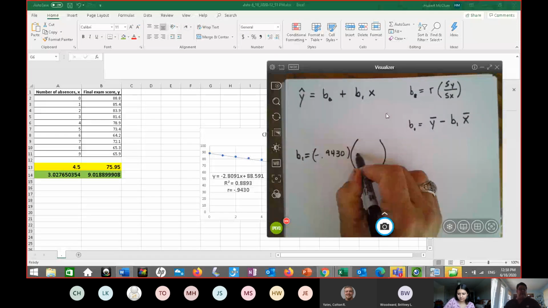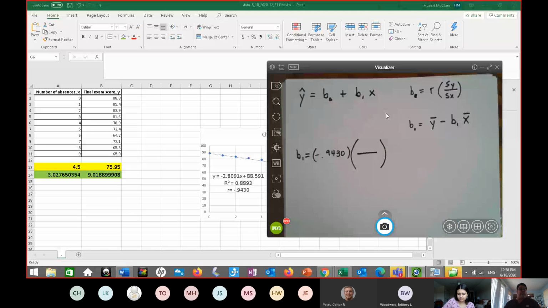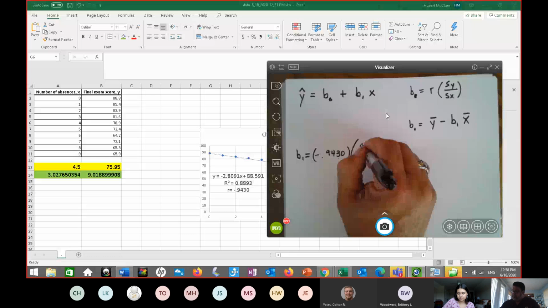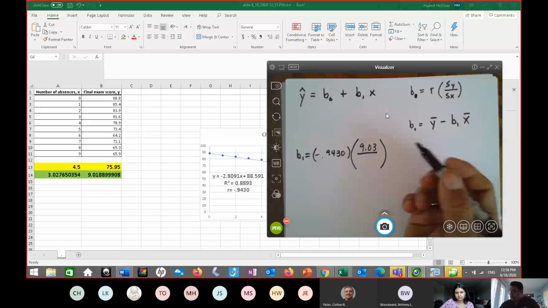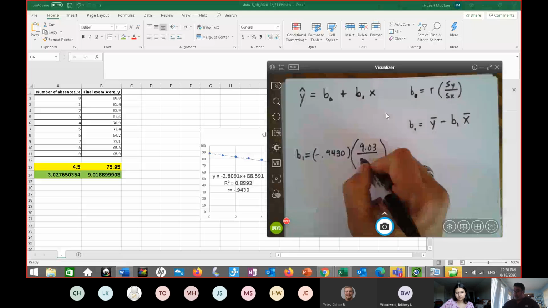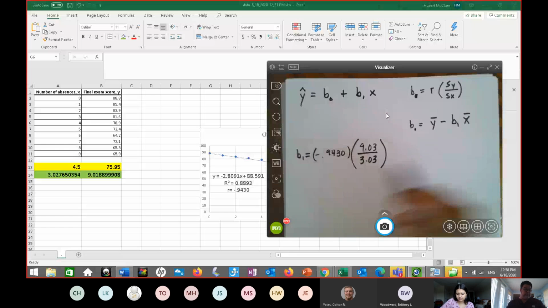And my standard deviation is 9.03. Now I'm going to do it in the spreadsheet so I don't have to do away with any decimals. You don't want to do away with any decimals. I'm just doing away with them because I'm not writing all that out. Divided by 3.03. So I'm going to go over here and do that in the spreadsheet.